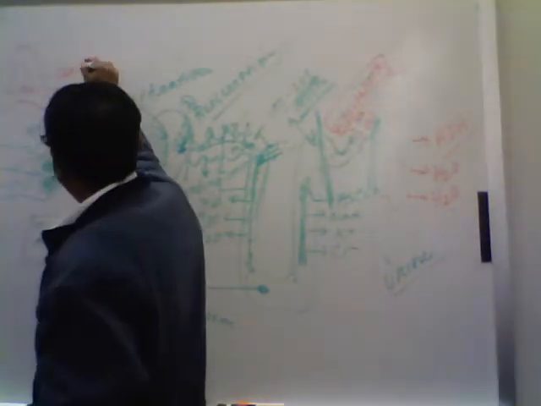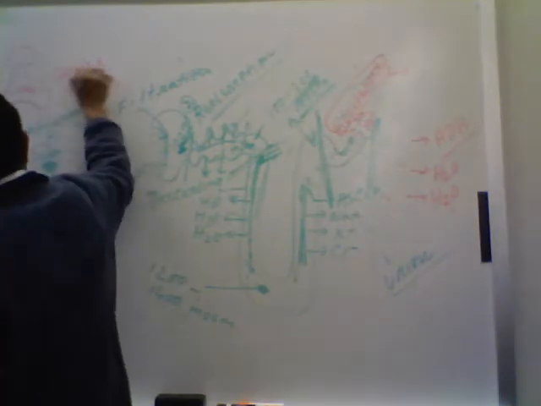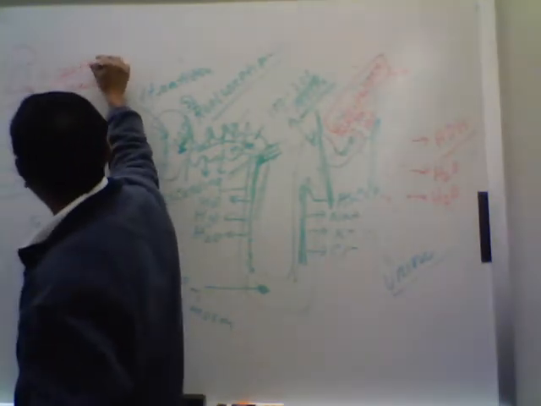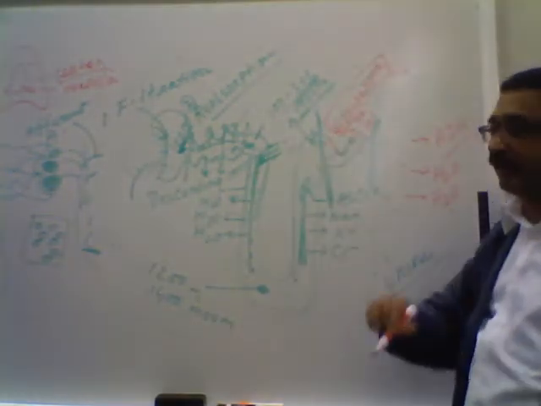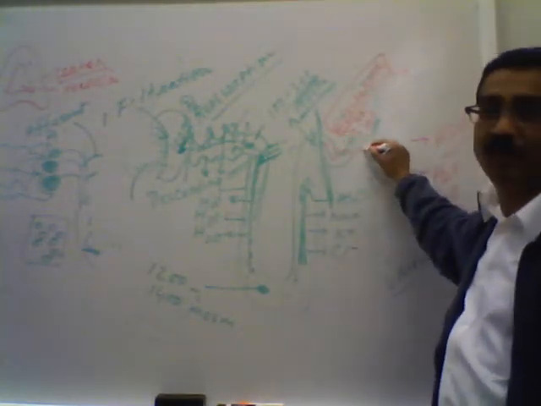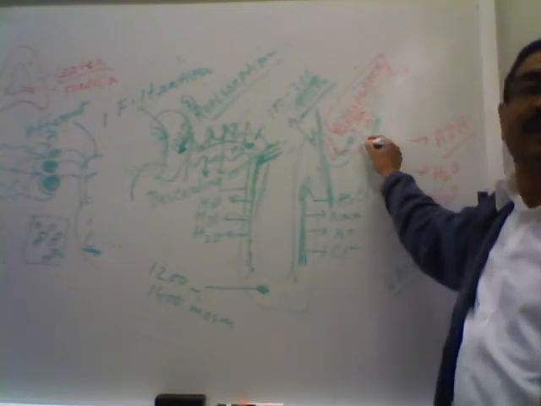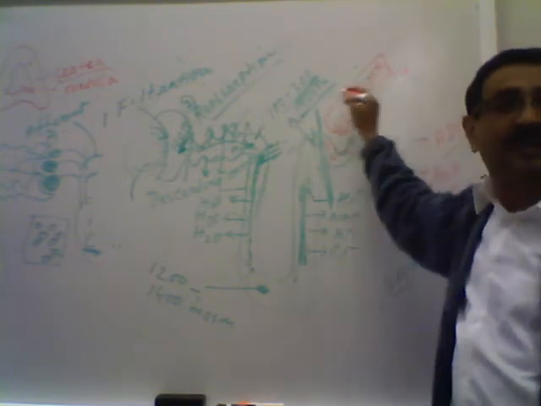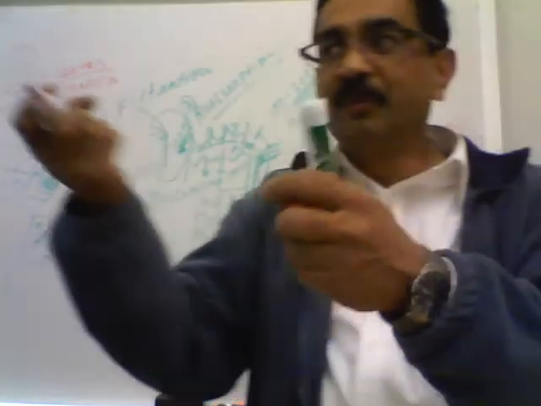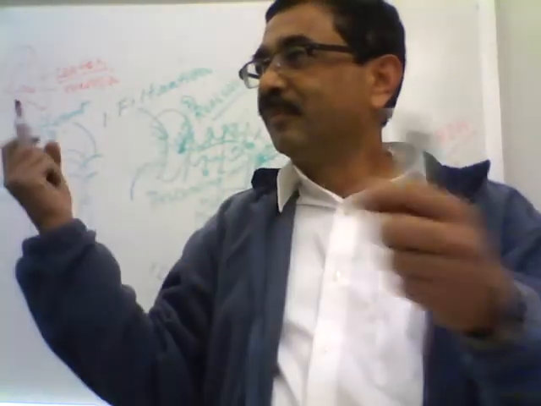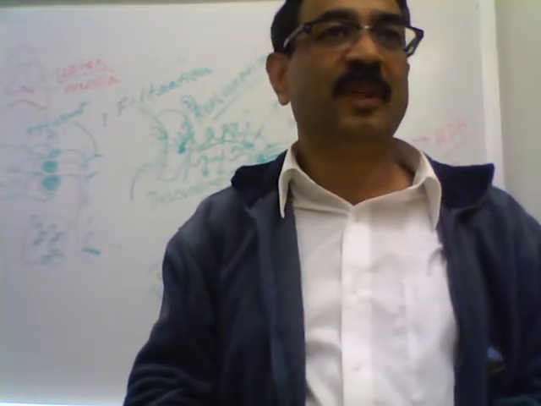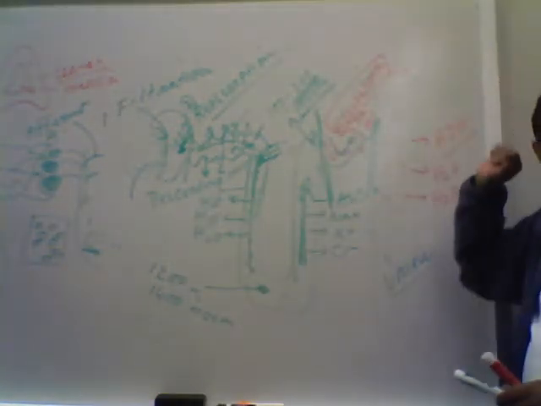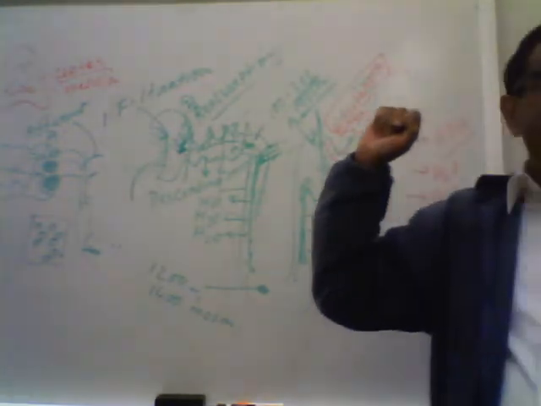So aldosterone comes from the adrenal cortex. So it is an adrenal cortical hormone and works on the nephron. Which part of the nephron? Distal convoluted tubule. Make sense? And it does what? Reabsorbs sodium and water. Is it clear?